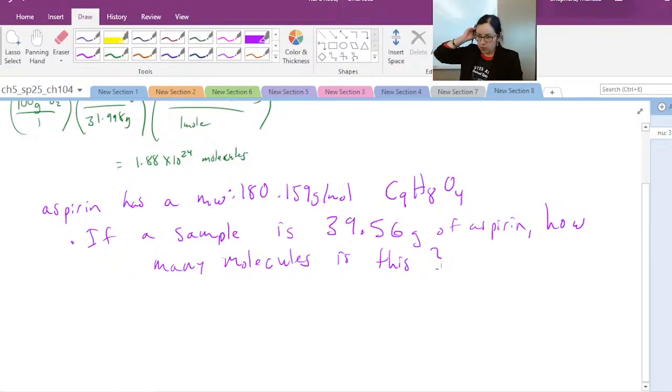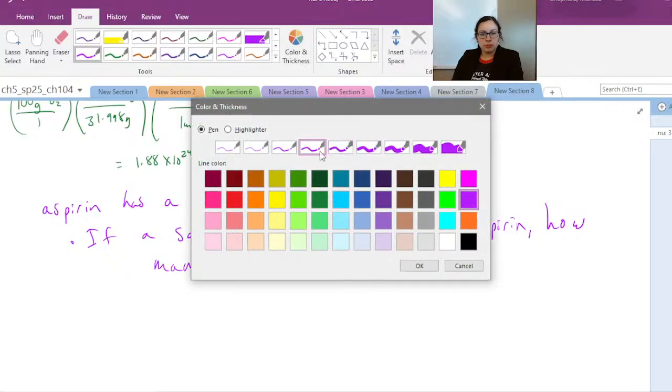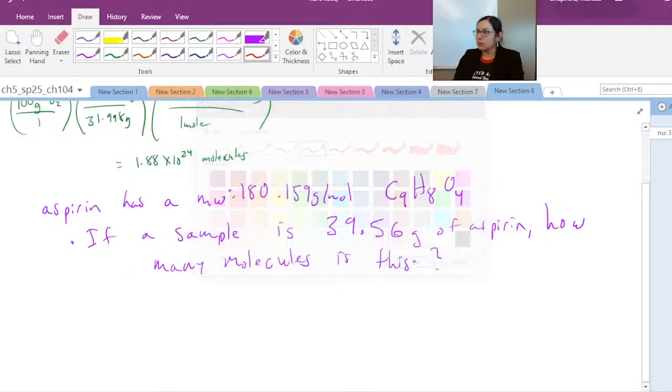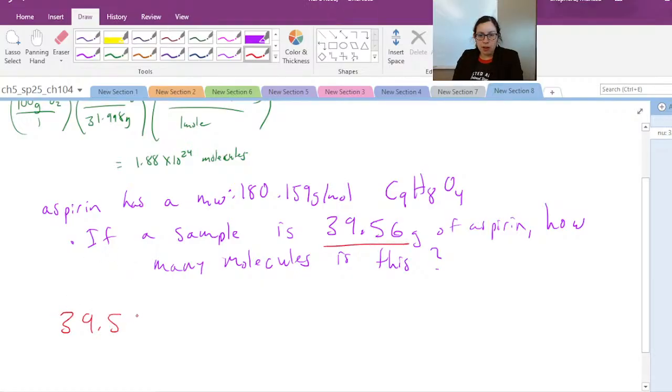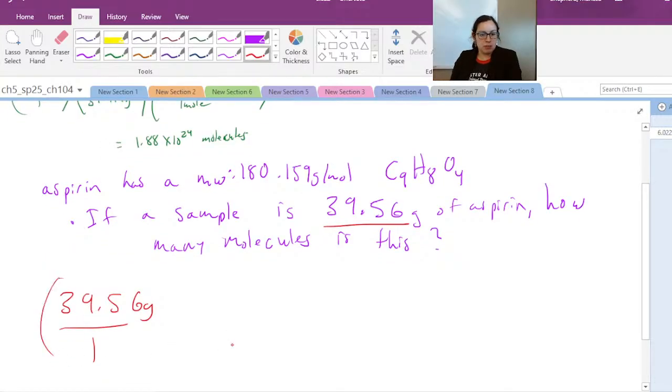So let's just start going through it. So what do we have to do for this one? So grams to moles. We're given this many grams, and I decided to be nice and give you the molecular weight.